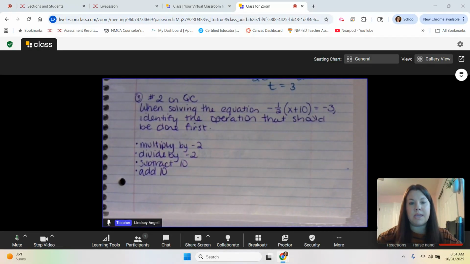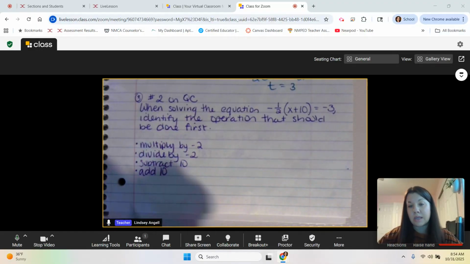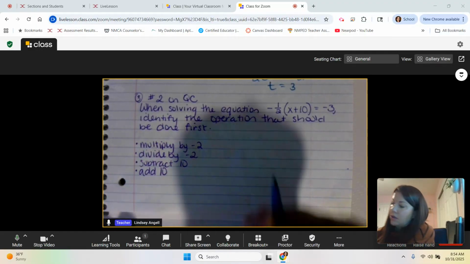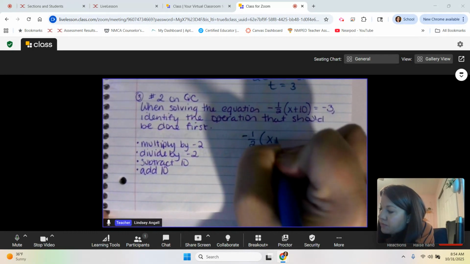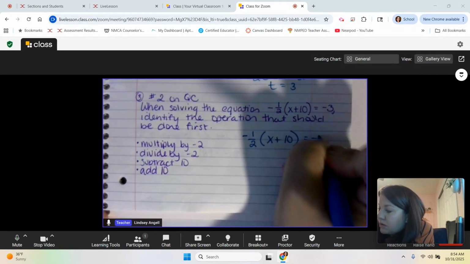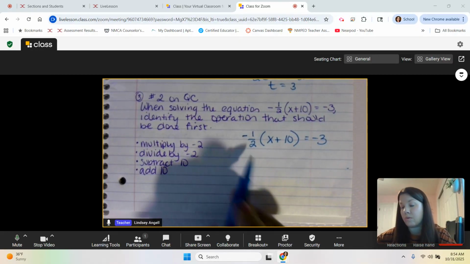All right, number 3 is number 2 on your quick check, so page 16 in your lesson. When solving the equation -1/2 times the quantity x plus 10 equals -3, identify the operation that should be done first. These are the 4 options given in the multiple choice question. First, think about what I am doing.